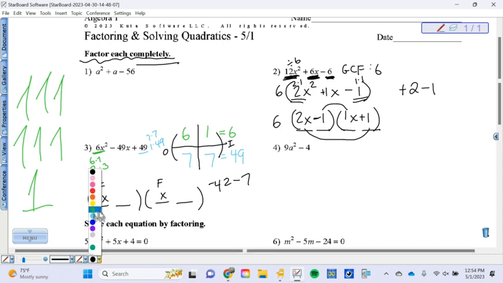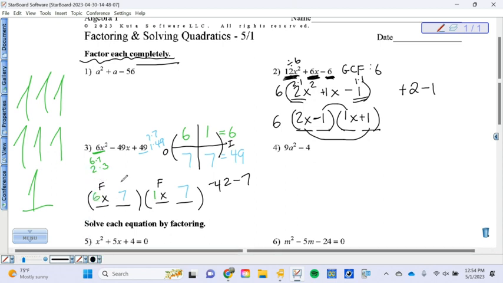Okay, so I figured it out. These four numbers are what's going to go in my little slots here, right? 6 and 1 are going to be my first and my first. And then 7 and 7. This one's easy because it's just the same number, so it doesn't matter where you put them, right? F is first times first.